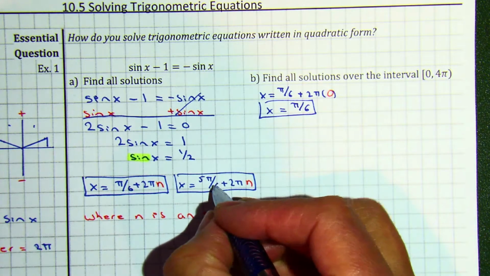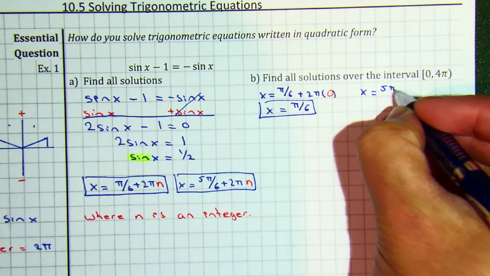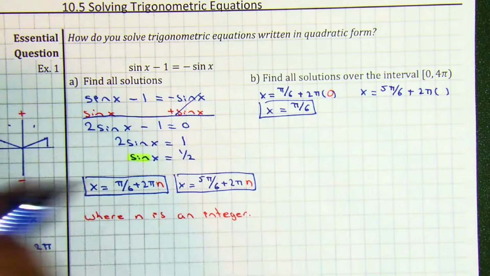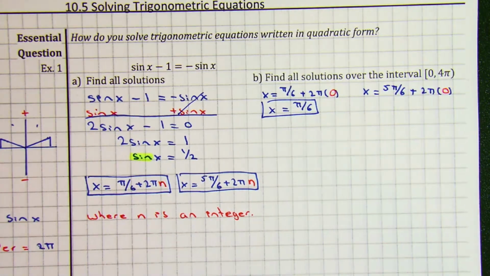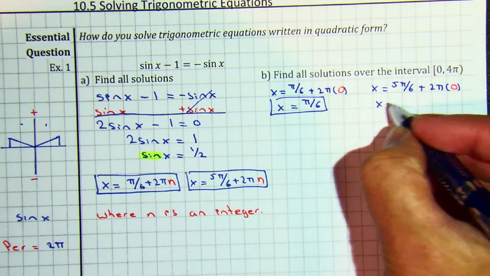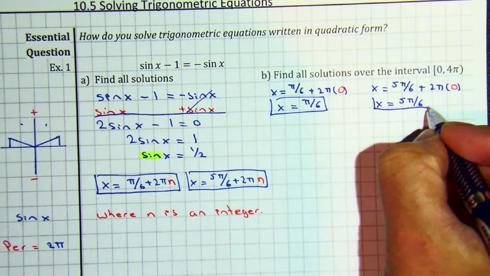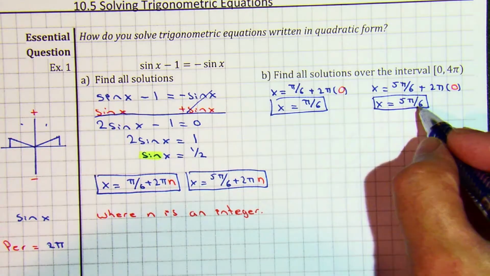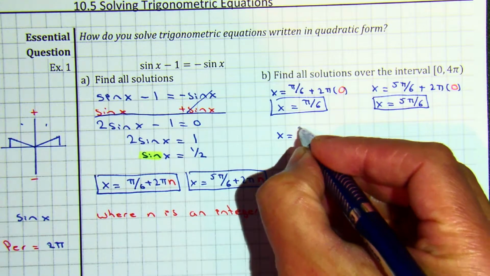Now I'm going to use the second one, and I'll plug in a 0 as well. x equals 5 pi over 6 plus 2 pi n, and I'm going to plug in a 0. That gives me 0. So it gives me x equals 5 pi over 6. Now they both are smaller than 4 pi, so I'm going to continue, and I'm going to plug in a 1.